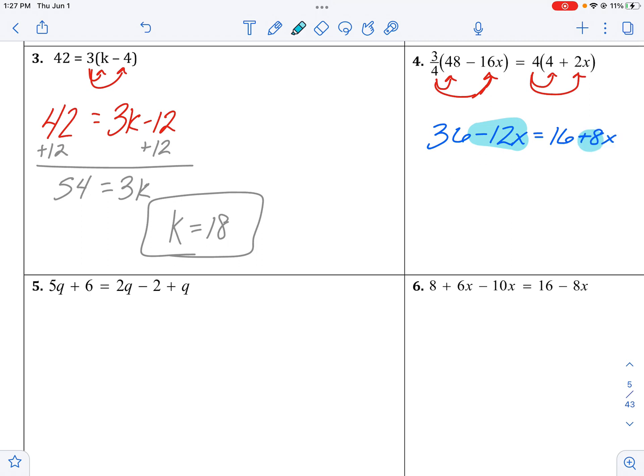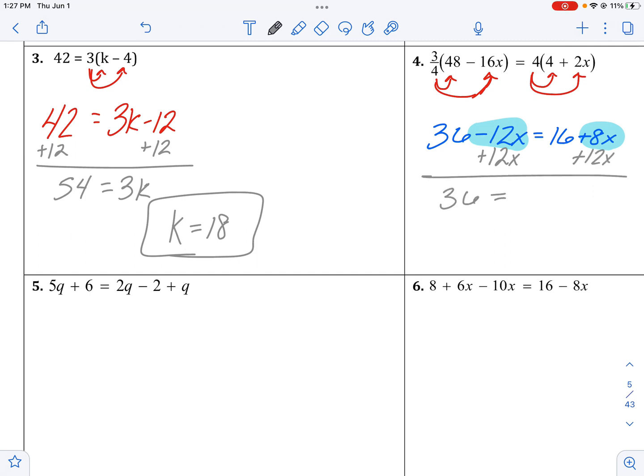So what I need to do now is combine my like terms. Now, it doesn't matter because neither one is isolated. If both variable terms are not isolated, usually I try to get rid of the smaller one or get rid of any negatives because that will allow me to avoid negatives later on. So I'll get rid of that negative 12x.